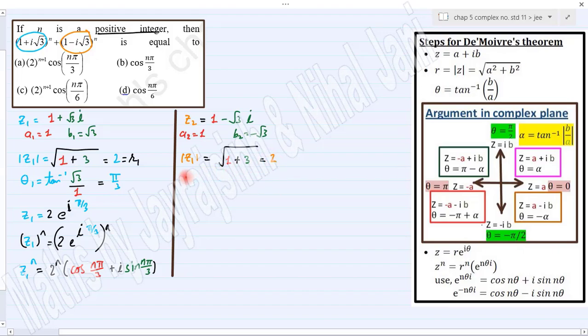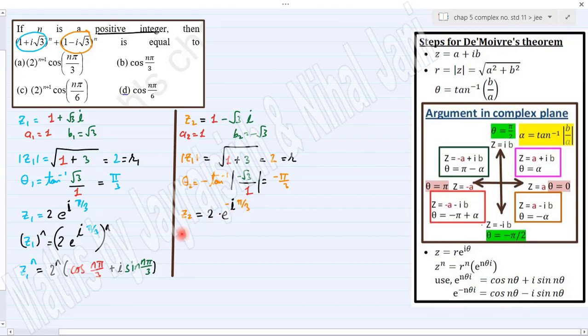And its argument will be negative tan inverse of modulus of b by a, or we can say minus root 3 upon 1, which will give us minus pi by 3. So if we write down our complex number in exponential form, you will get modulus 2 into e raised to i times your argument, which is minus pi by 3.